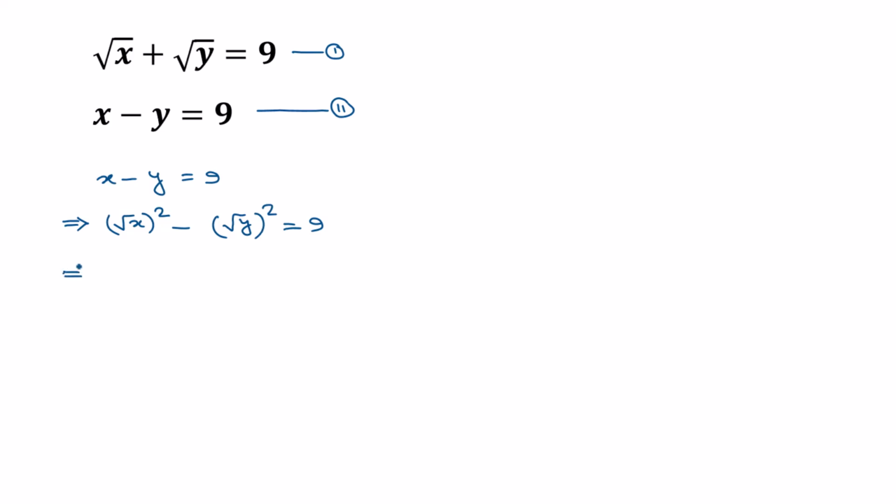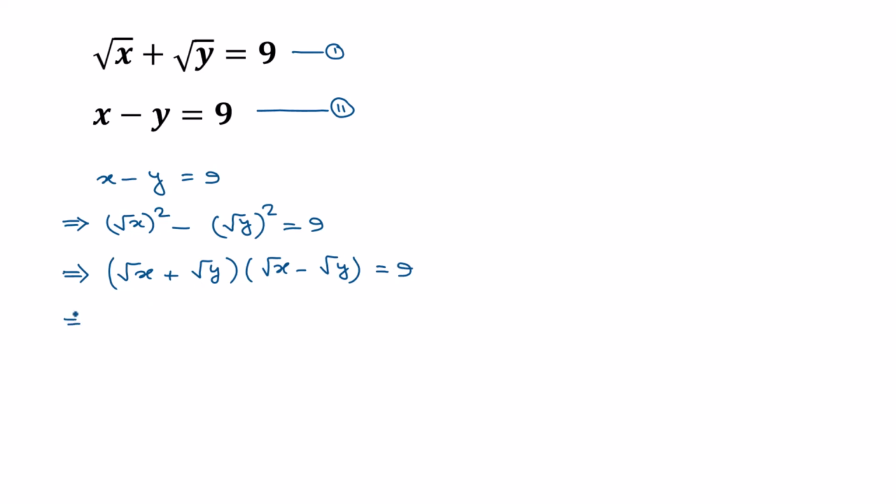Now applying the formula a square minus b square is equal to a plus b times a minus b, we can write the left side as square root of x plus square root of y times square root of x minus square root of y is equal to the right side 9.